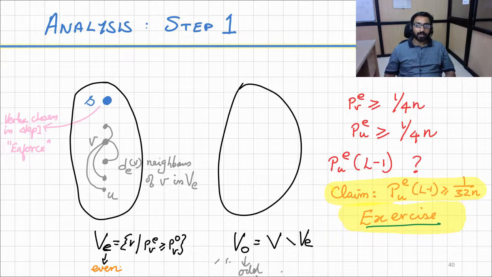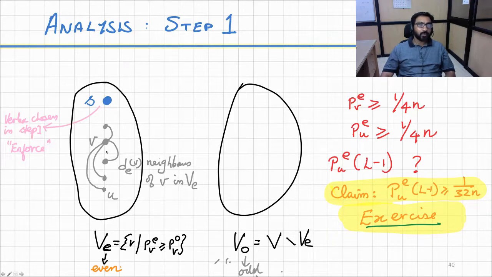So now notice that with this bound, what that means is we have reached U with some probability 1 over 32n.